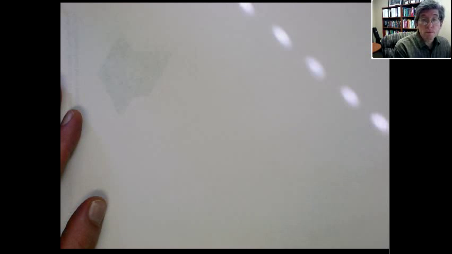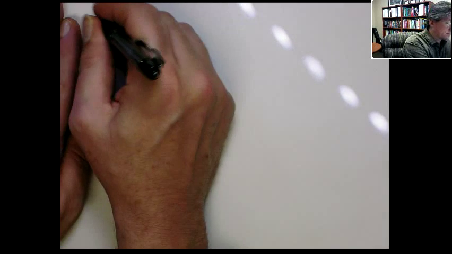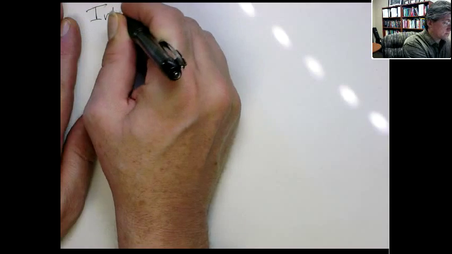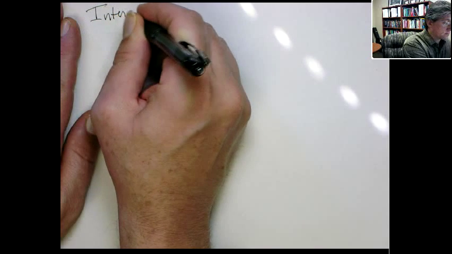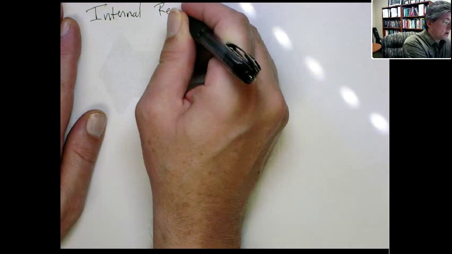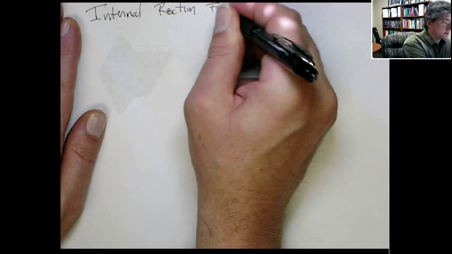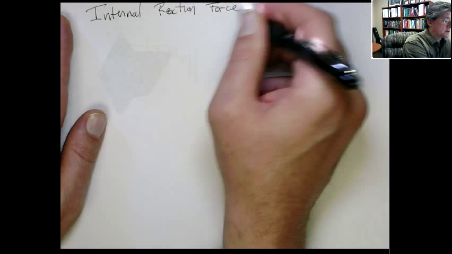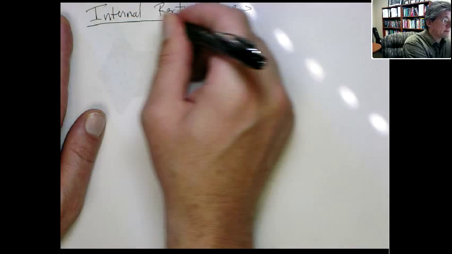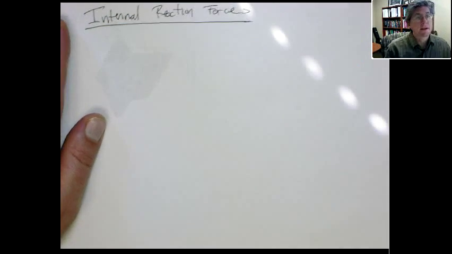Okay, in this lecture I want to talk a little bit about, well, some external supports. Mostly what I'm going to talk about here are internal reaction forces. Sadly, one thing I can't do is talk and spell at the same time, which is okay.